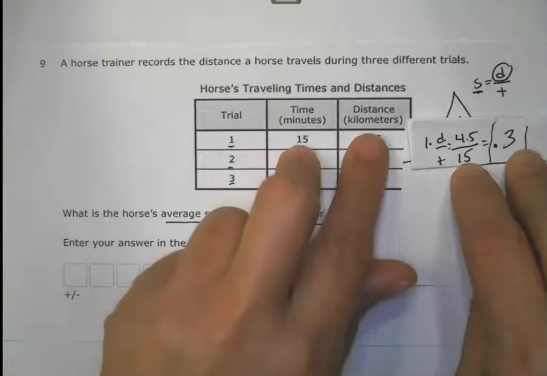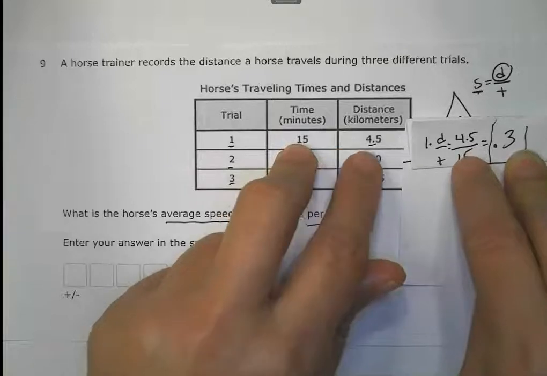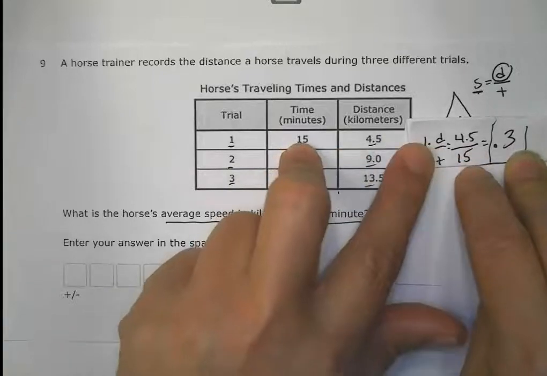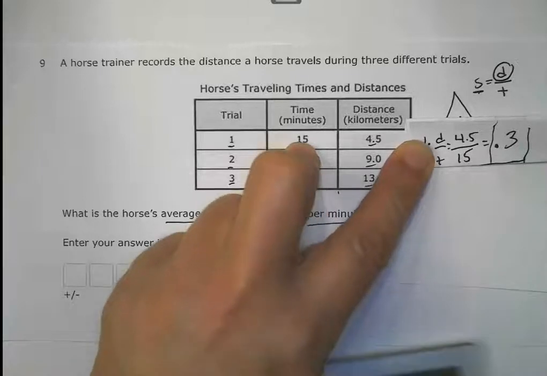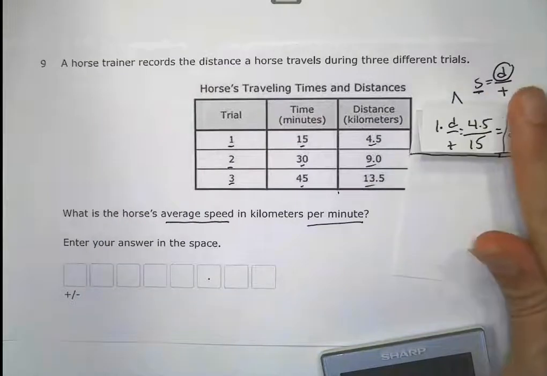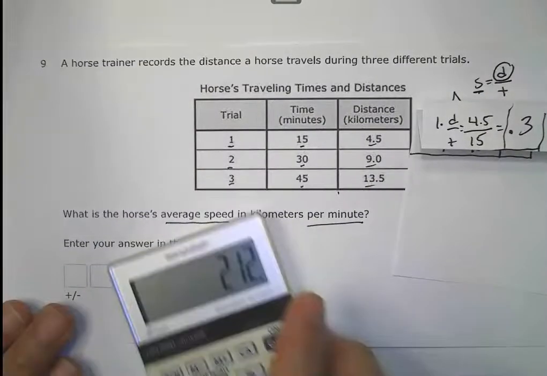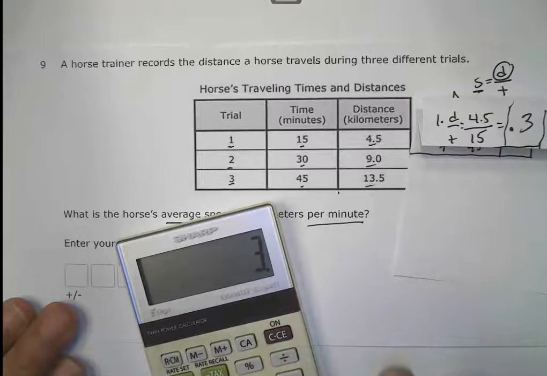Distance over time. So 4.5 divided by 15 gives me 0.3. I'm going to show my calculator. I didn't think about it this way, but there you see it. So I'm going to put 15 over 3, clear. 15 divided by 3 is going to give me 0.5.